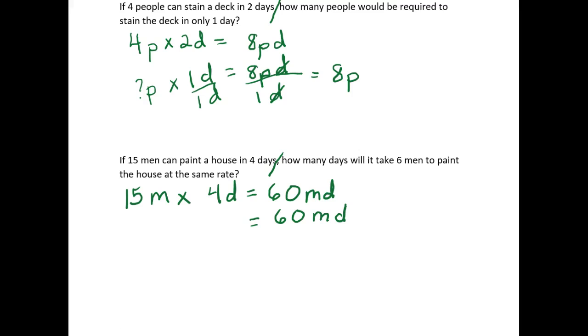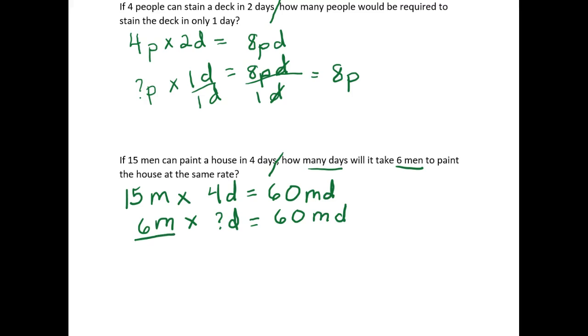So now we're going to solve for how many days it will take 6 men to paint the house at the same rate. So now I have 6 men times a number of days to be determined equals 60 man days.